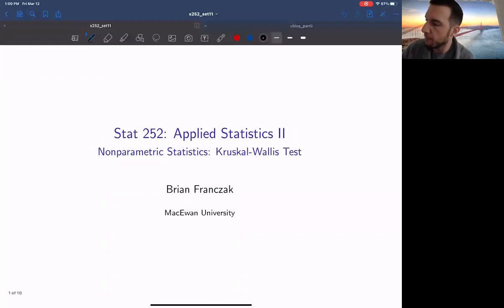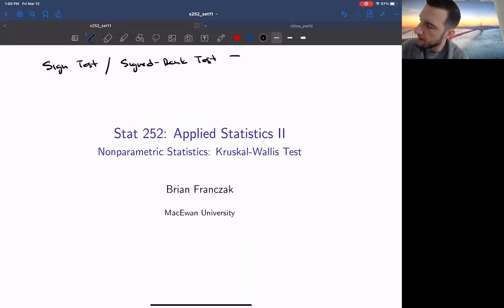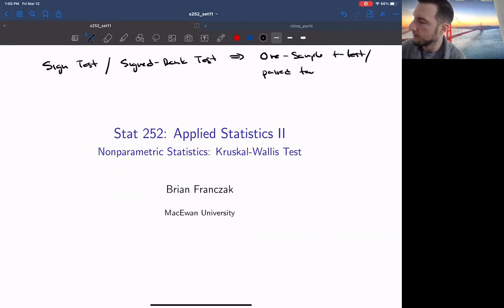So as a recap, we have studied 4 non-parametric tests, one of which we don't really use, which is the sign test. So we have sign / signed rank test. These are alternatives to the one sample t-test / paired 2 sample t-test.